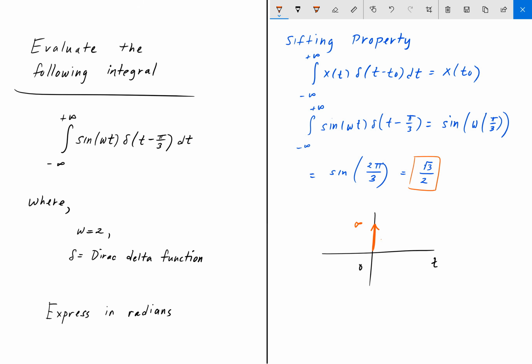But one of the important properties of the Dirac delta function is that the area under the curve, or the integral, is equal to 1. And so this has an area of 1 whenever we take the integral from negative infinity to plus infinity. So that means that the integral from negative infinity to plus infinity of the Dirac delta function dt, by definition, is equal to 1.